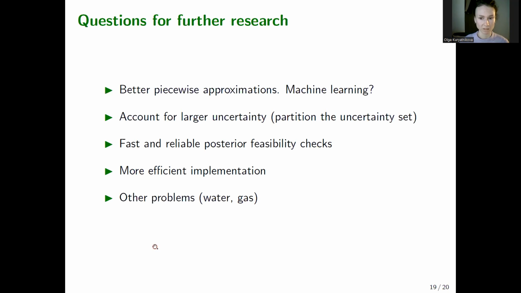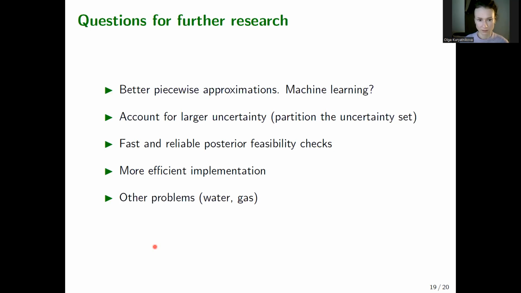So what do we want to do next, or what can be done next here? We thought about piecewise approximations, not even in the context of uncertainty, but maybe without uncertainty, just ACOPF equalities, because with uncertainty, without uncertainty, they are a problem. And then how do you find better approximations?